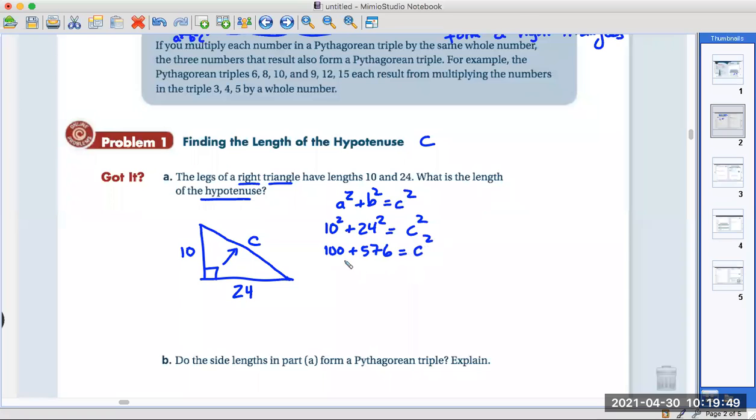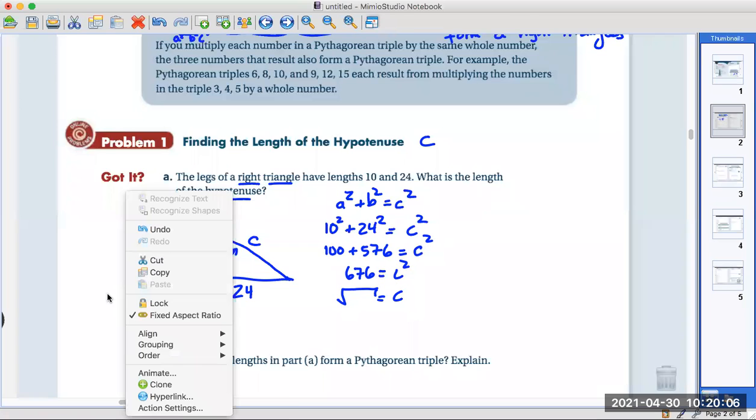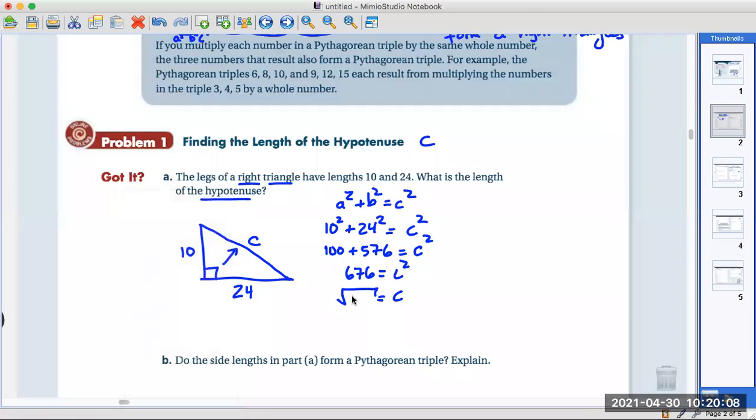Finish the equation, don't stop yet. 676. And then in the end, you have to take the square root, always. The square root of 676 is 26. So that's a whole number, so those are Pythagorean.